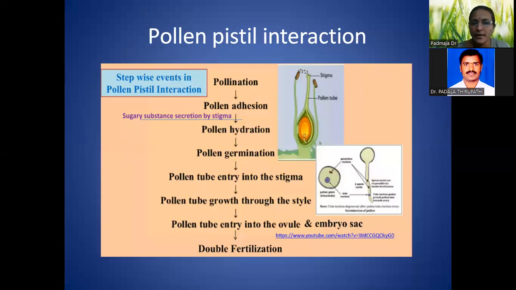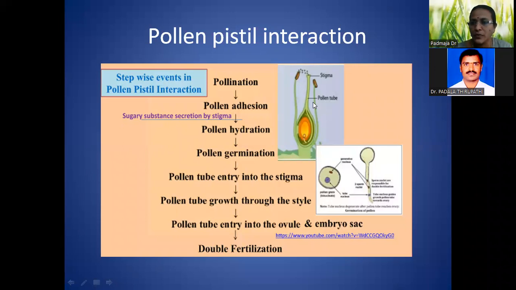If you see here, the first diagram is showing the ovary, style and the stigma. The pollen grains are falling on the stigma. The stigma is also called the pistil. The total part is called the pistil, and it is also called the carpel.